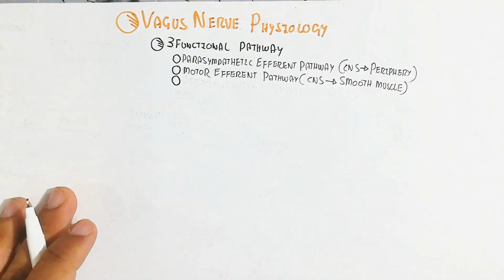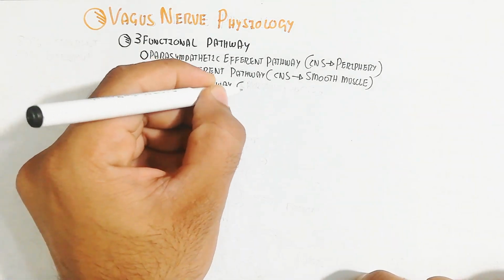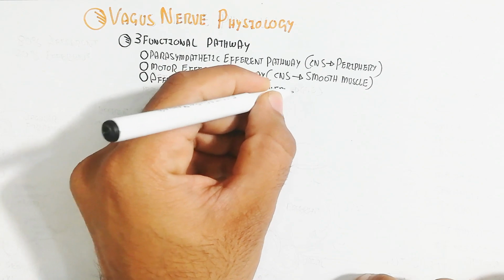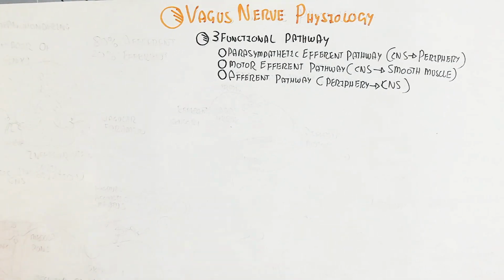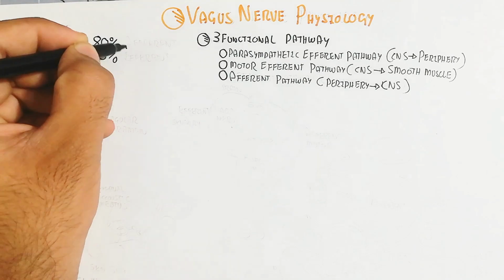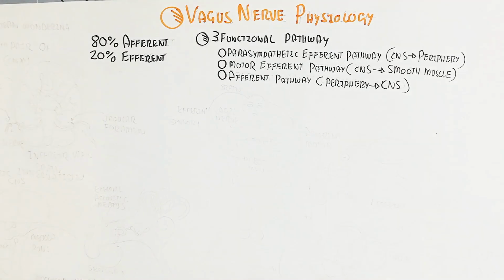The afferent pathway runs from the periphery to the central nervous system. Both afferent and efferent nerves are involved, and both are cranial nerves. They move toward the brain or away from the brain.